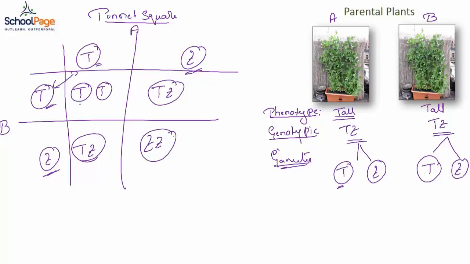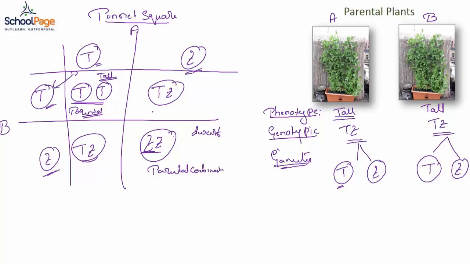Note that capital T and capital T is nothing but the parental combination, and also here small t and small t is the parental combination. This will be a tall plant, whereas this will be a dwarf plant. So a recessive gene expresses itself only in homozygous condition.